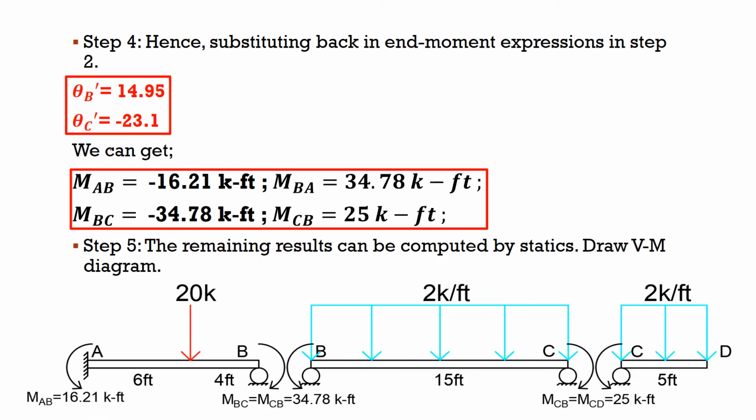Okay, so sa step 4, hence substituting back in the end moment expressions in step 2, then di ba mo na to nakuha guys, yung kanina, mo na to nakuha ng mga rotation. So, i-substitute nimo na dito guys sa equation sa katong AB, sa MBA, sa MCB o sa CD.